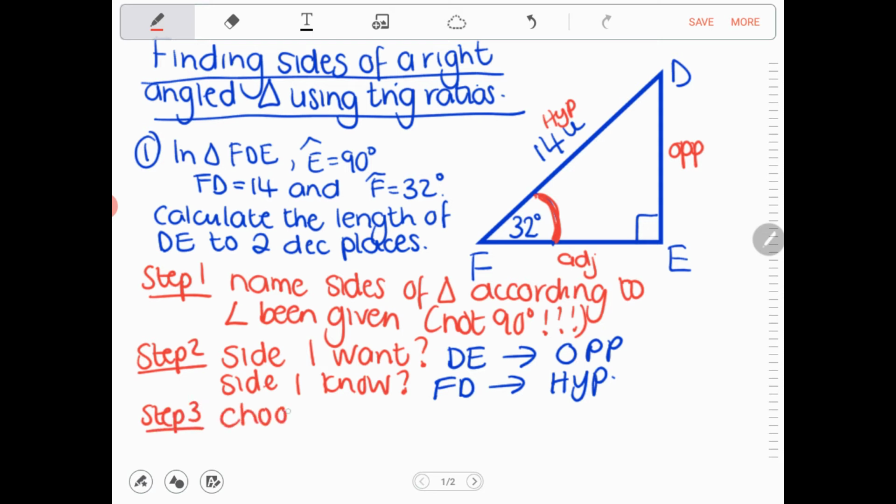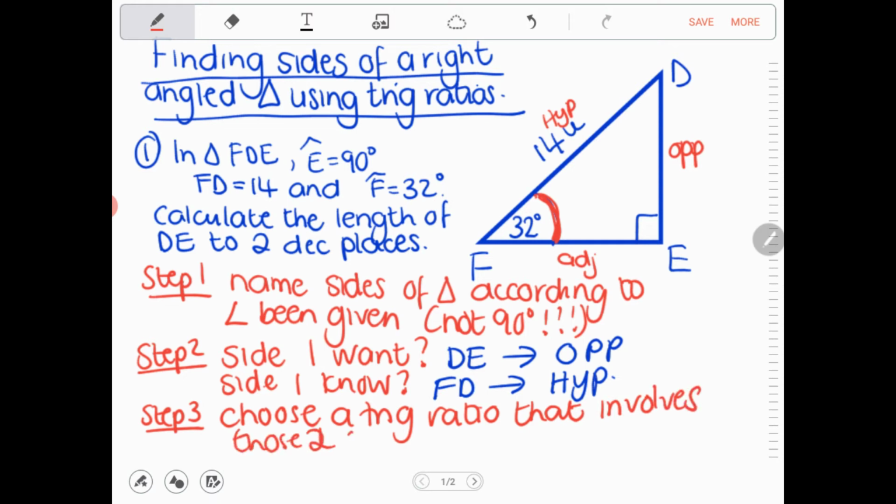And then we're going to choose a trig ratio that involves those two sides. Okay, so our trig we know, SOH CAH TOA.